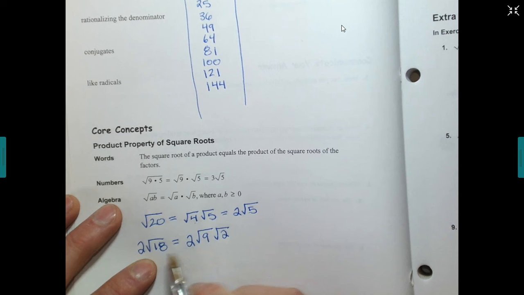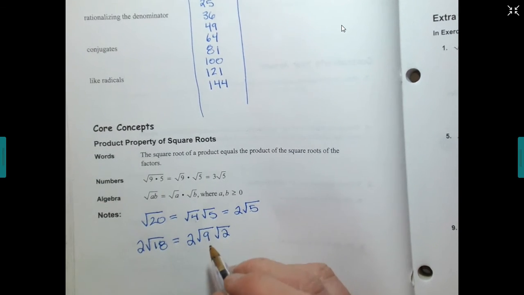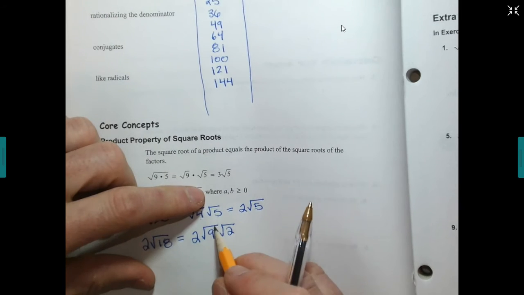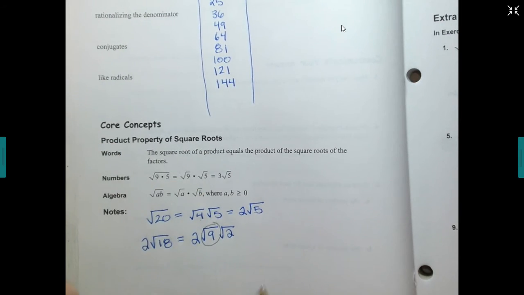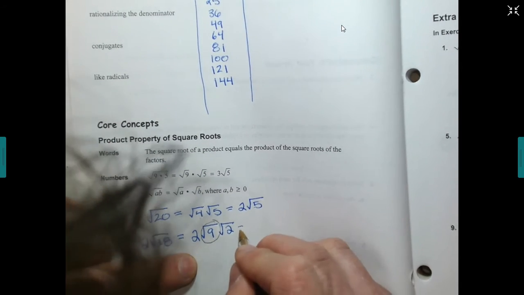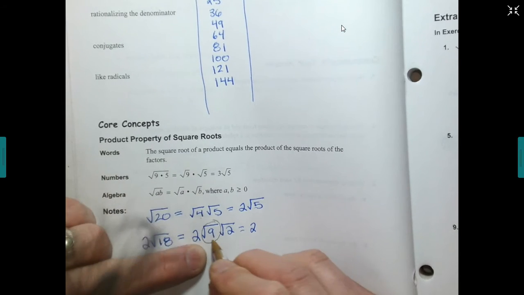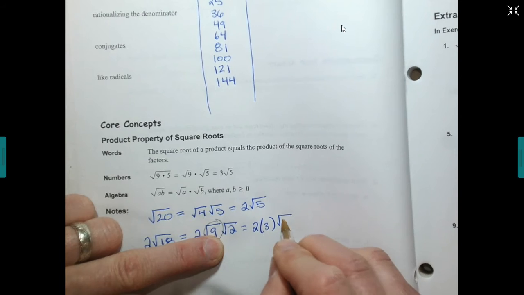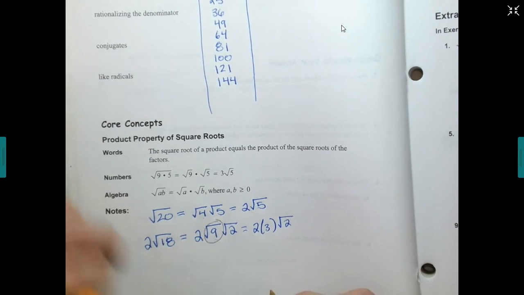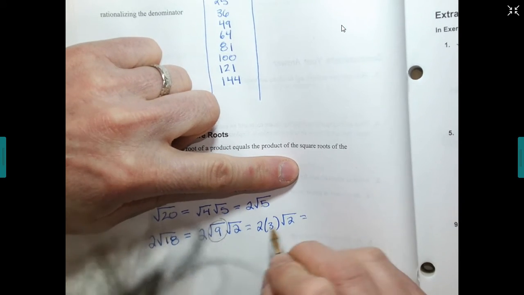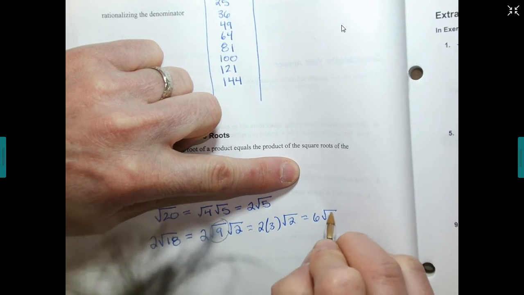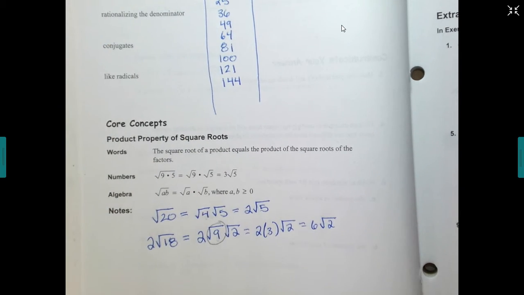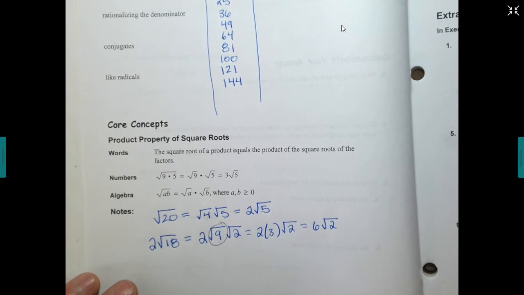The square root of 9 times the square root of 2 is the square root of 18. The square root of 9 is a perfect square, which is 3. So I can pull out the 3. So I have 2 times 3 times the square root of 2, which I can't simplify any further. So I have 6 times the square root of 2. There's my simplified version.